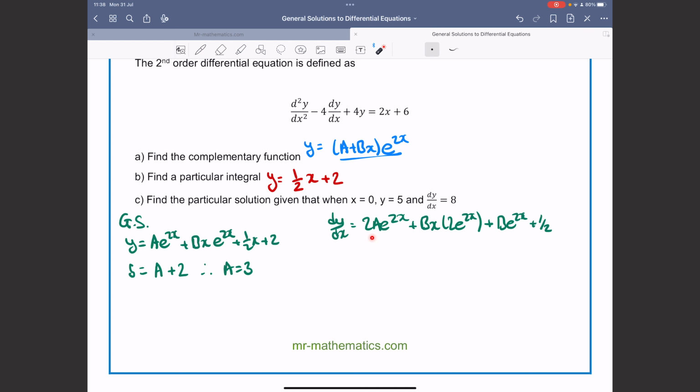So now I'm going to tidy up this right hand side. So dy by dx will equal 2a e to the 2x plus 2b x e to the 2x plus b e to the 2x plus 1/2. And we're told that dy by dx equals 8 when x equals 0. So 8 will equal, if x equals 0, this becomes 1, so we're left with 2a.